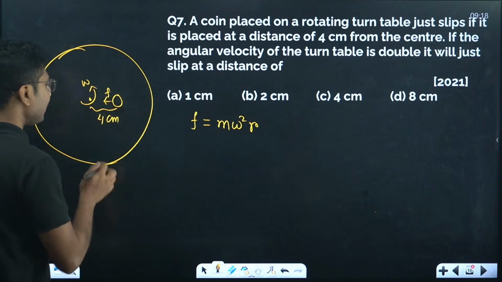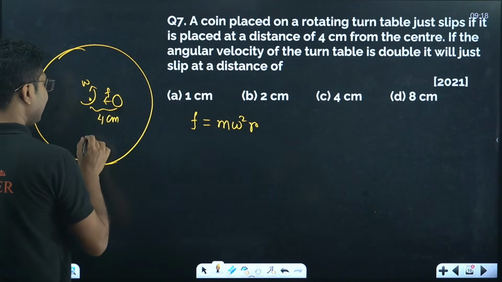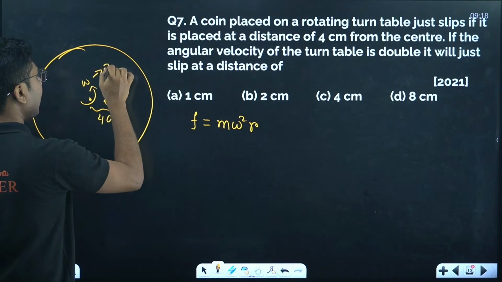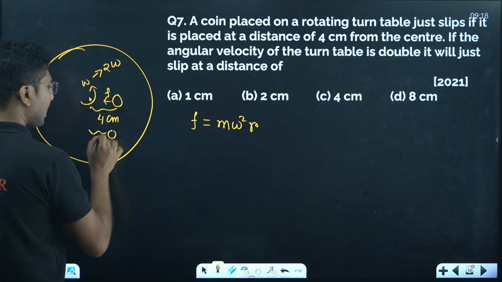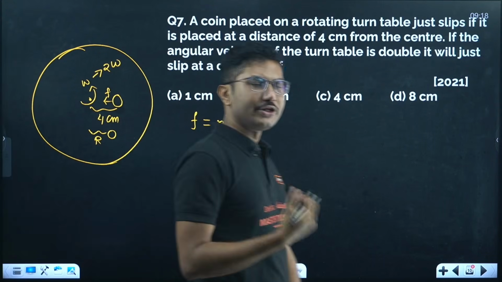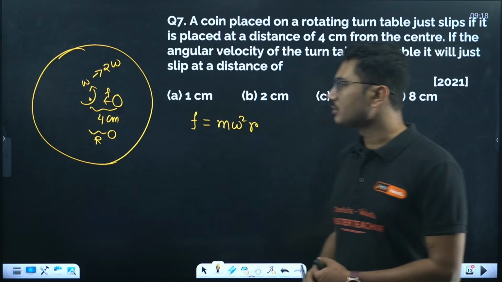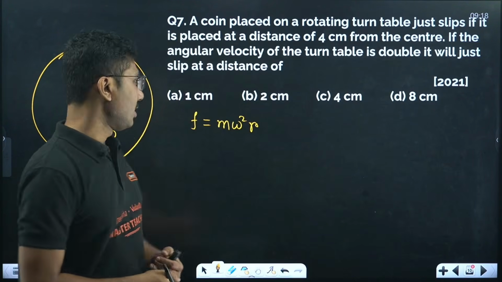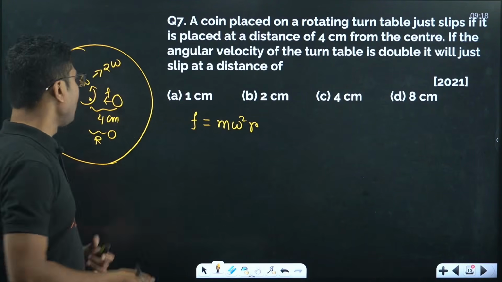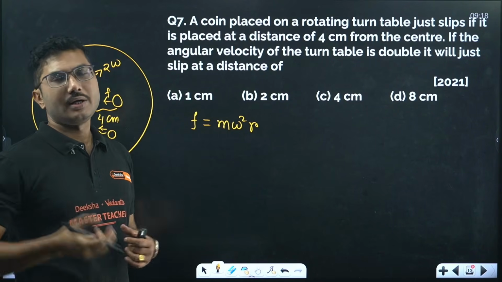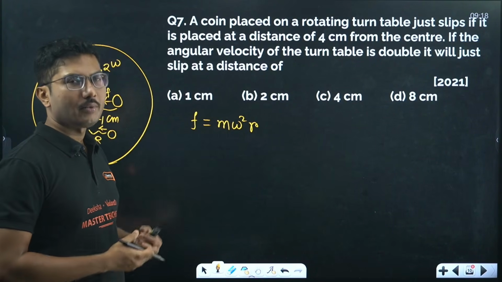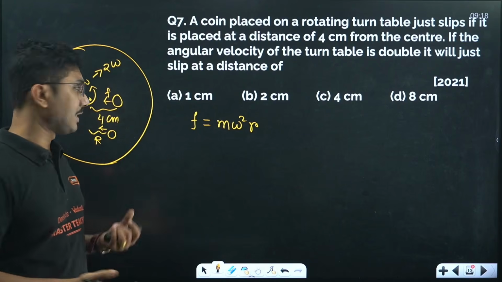Second case, when you increase the speed to 2 omega. Say that at a new distance of capital R, the coin starts to slip. Then frictional force is the same. The frictional force acting on the coin depends on weight and the surface, which are the same, so the coefficient of friction is the same.